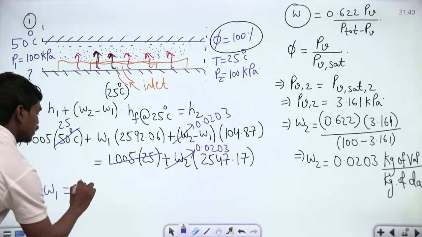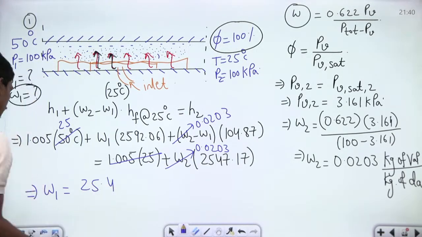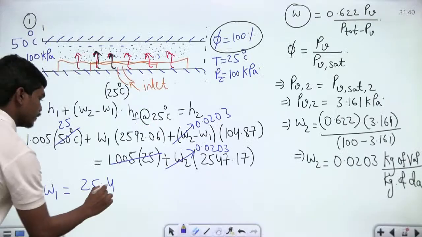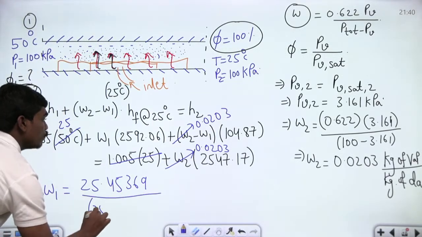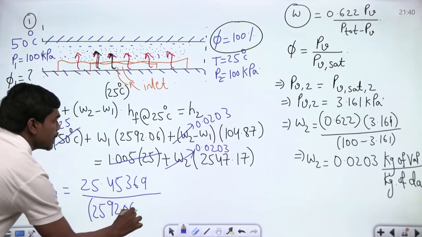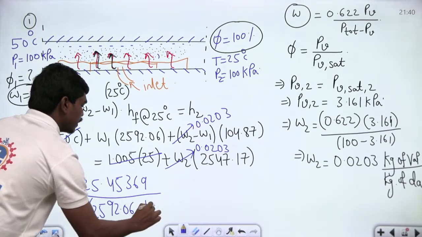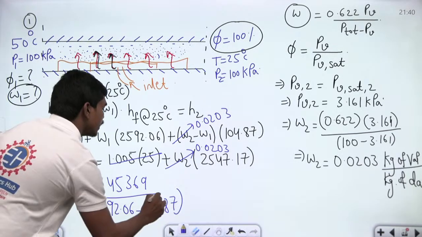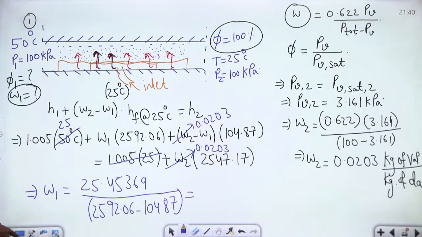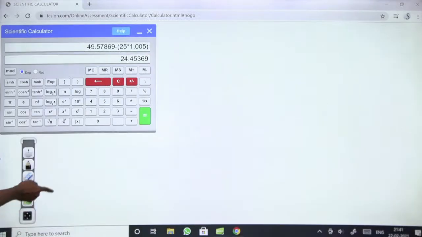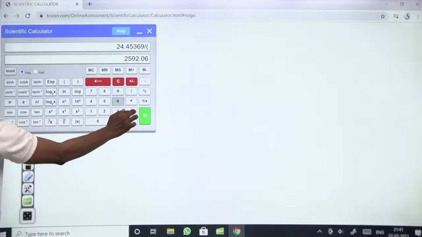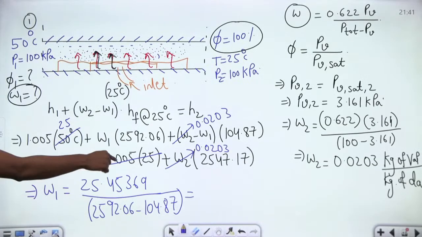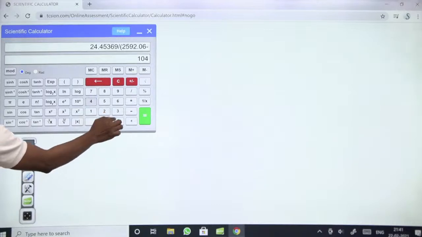25.45369 divided by 2592.06 minus 104.87. So this value is your omega 1. So let us calculate what this value is. 25.45369 divided by 2592.06 minus 104.87.